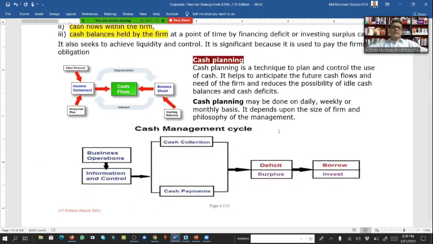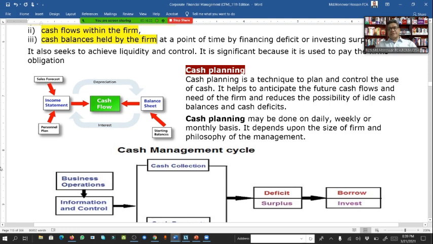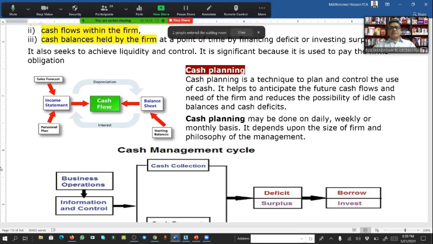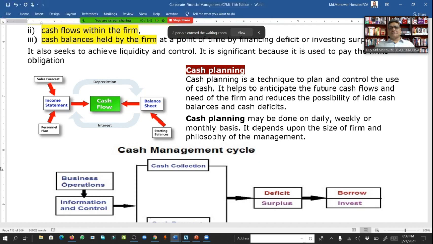So, cash planning is a technique to plan and control the use of cash. It helps to anticipate the future cash flow and needs of the firm and reduces the possibility of idle cash balance and cash deficits. Cash planning may be done daily, weekly, monthly, or yearly.